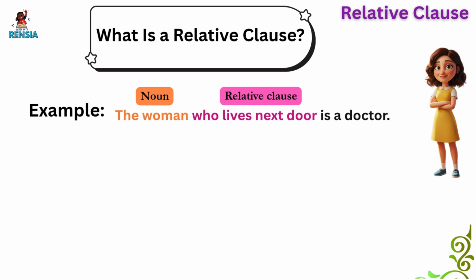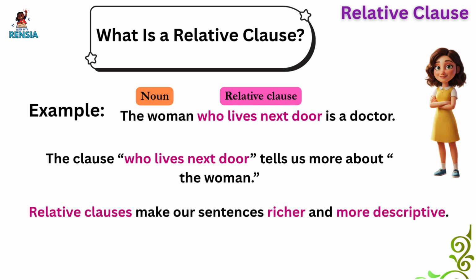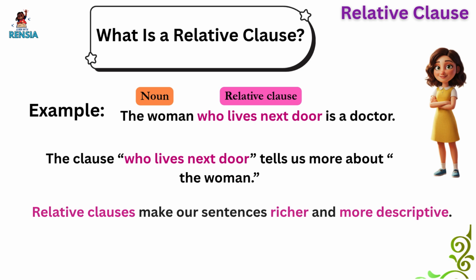Example: the woman who lives next door is a doctor. The clause who lives next door tells us more about the woman. Relative clauses make our sentences richer and more descriptive.